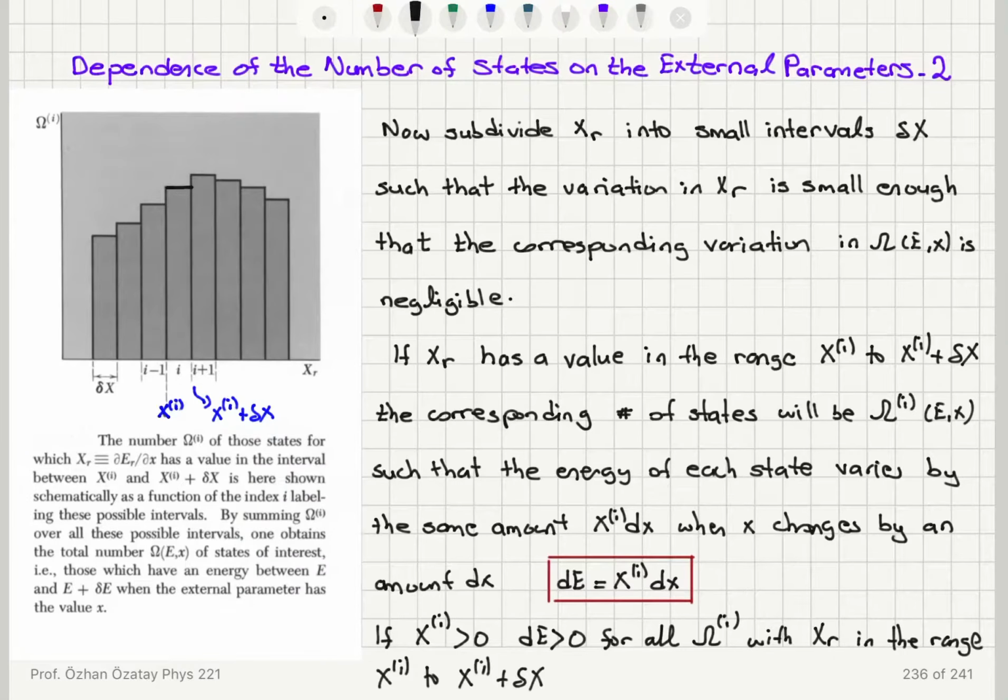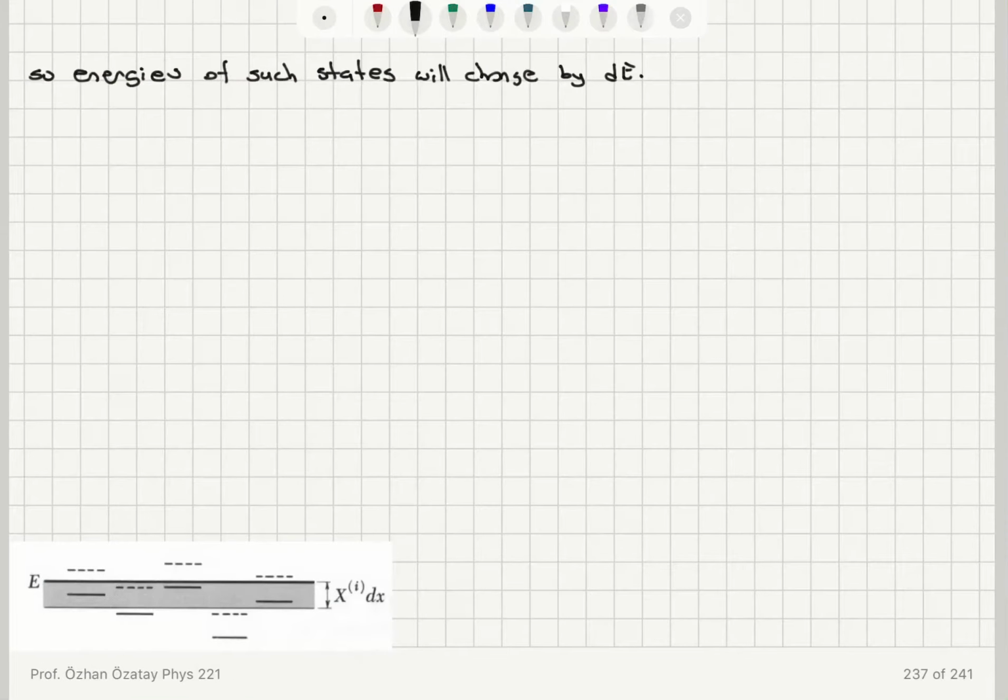xi is the del del x value, a particular value, and dx is the change in the external parameter. And we have how many states per energy?